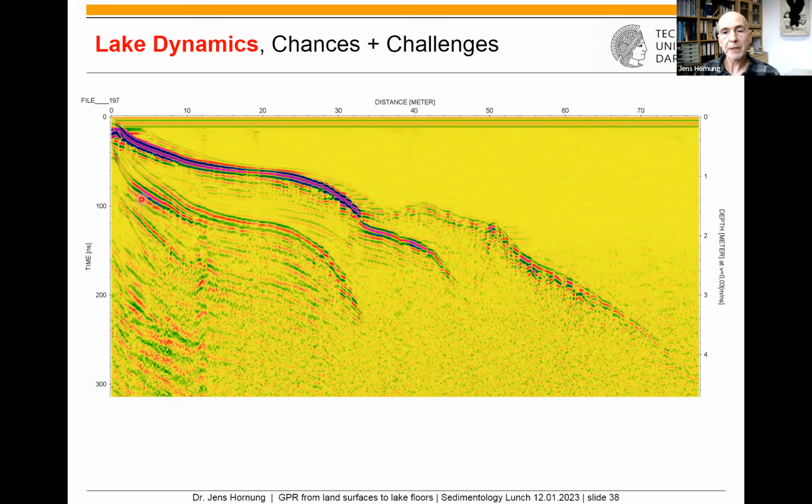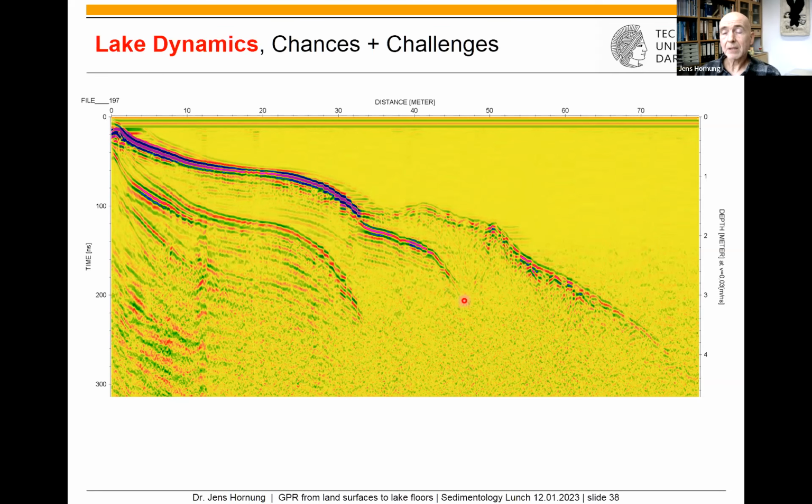And the penetration depth, you see, from 1.5 to 2 meters onwards, we rarely or only weakly can penetrate the sediment. So for a sedimentologist, this is a little bit frustrating, because we really wanted to see more of the sediments down here.